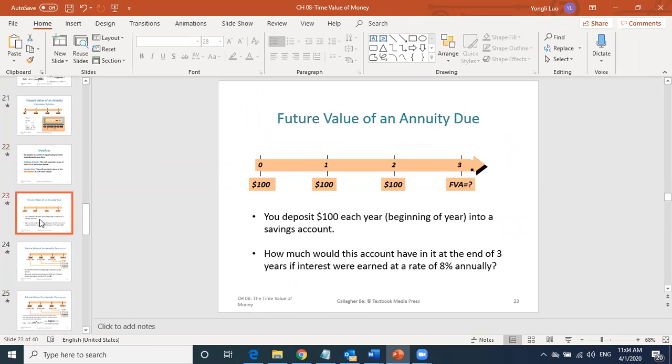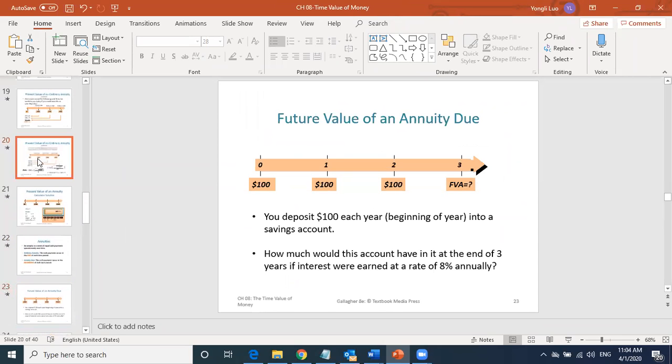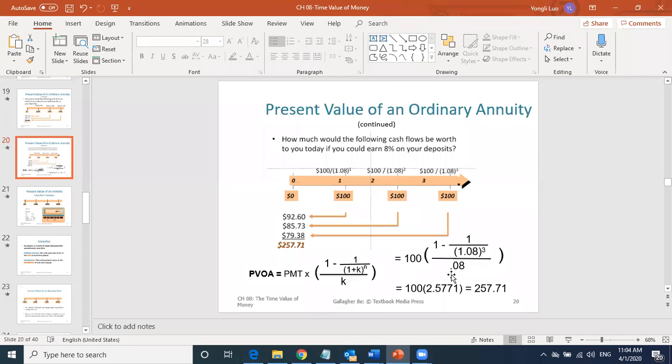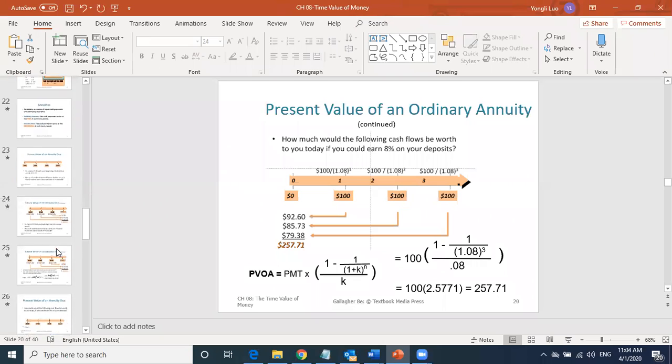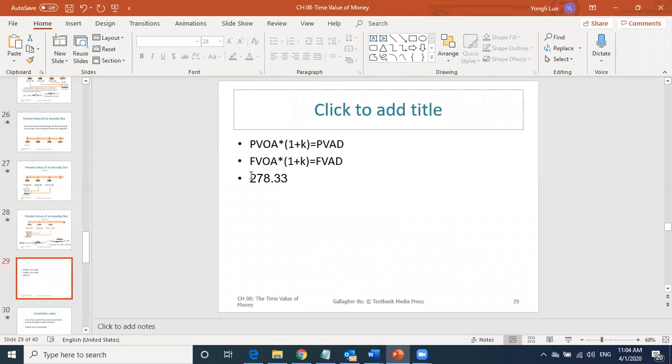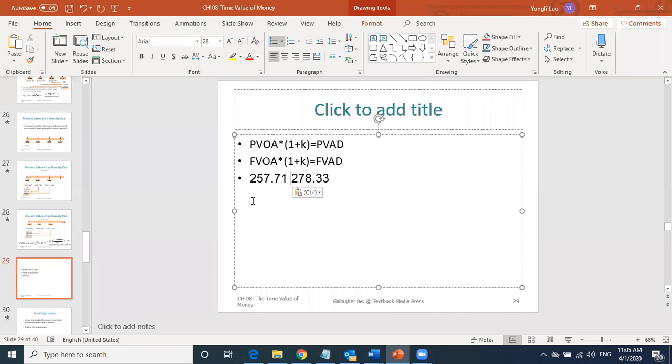This is the present value of ordinary annuity, and then you times 1 plus 8%. That will equal the present value of annuity due.